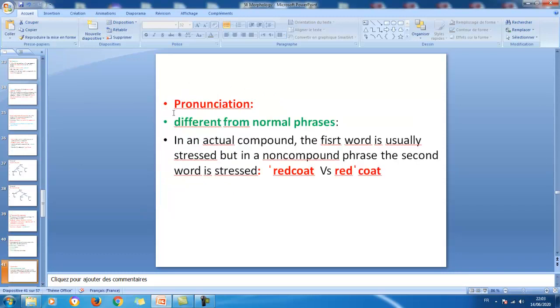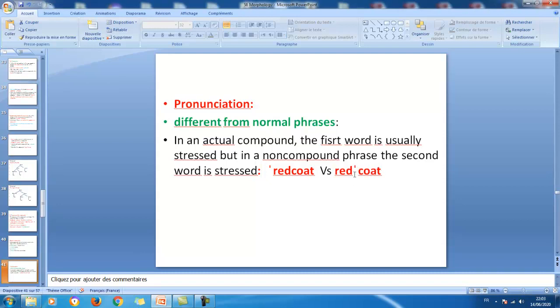Now let's talk about the pronunciation of compounds. This is different from normal phrases. Look here, red coat. As a compound word, we tend to stress the first element, red coat. But as a phrase, a red coat, this one is serving as the head.